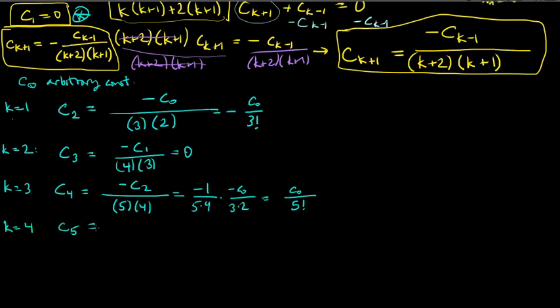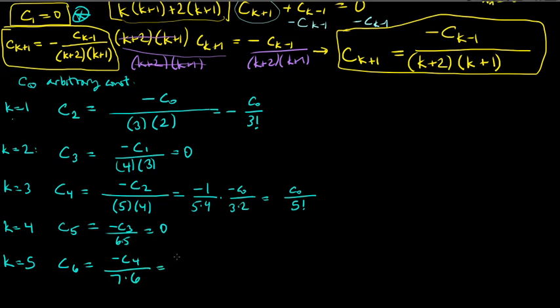Because C5 is 0. How do I know that? Because this is just in terms of C3. This will be negative C3 divided by 6 times 5, but it's 0. All right. And then one final one. K is 5, so that gives us C6, which is negative C4 divided by 7 times 6.